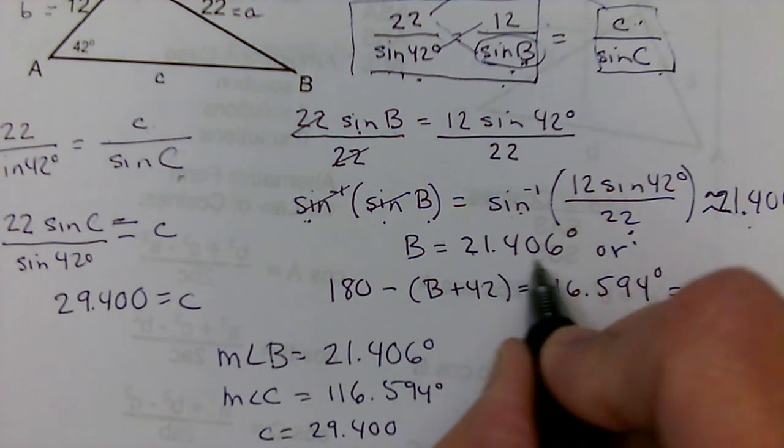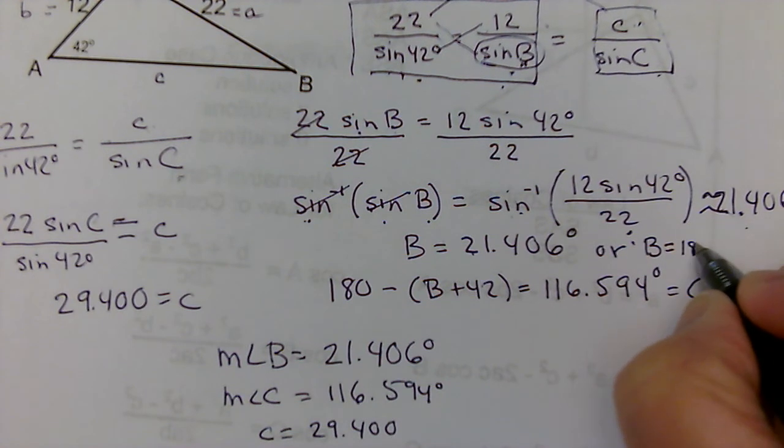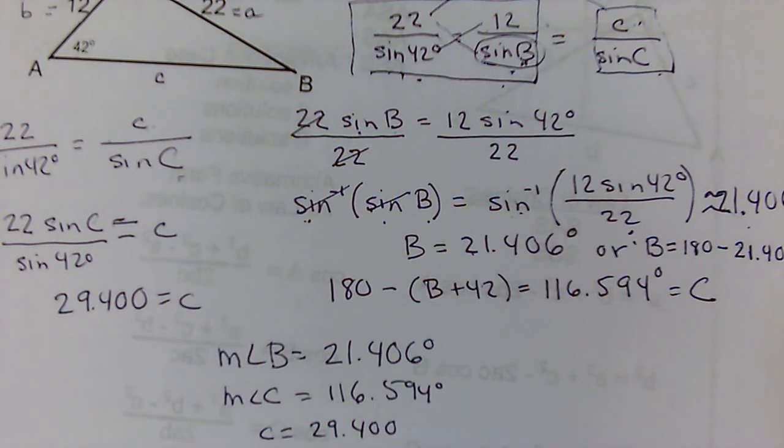So when we get this answer for B, B could also be 180 minus 21.406 degrees. So 180 minus B is 158.594.